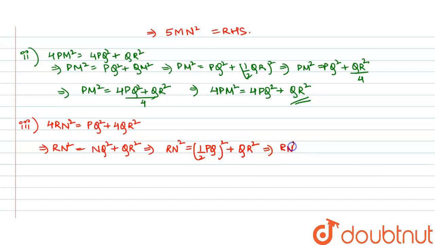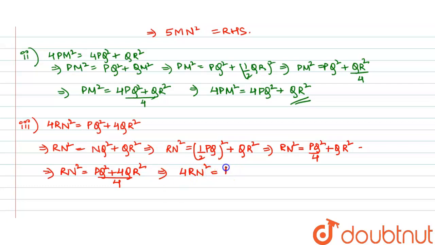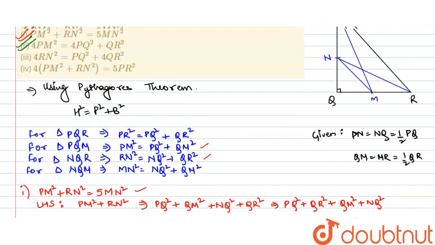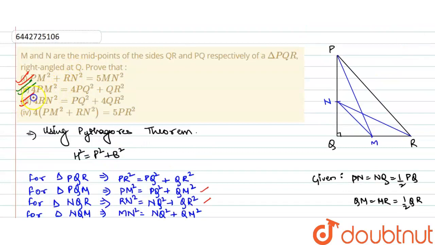So RN square will become PQ square by 4 plus QR square. From here I will make the denominator common. So RN square will be equal to PQ square plus 4QR square whole divided by 4. So when we solve, this becomes 4 of RN square is equal to PQ square plus 4QR square. So this third equation has been proved. So third equation is also done.